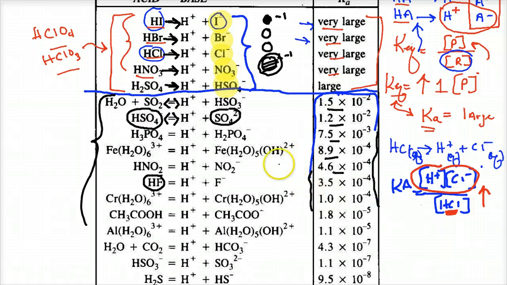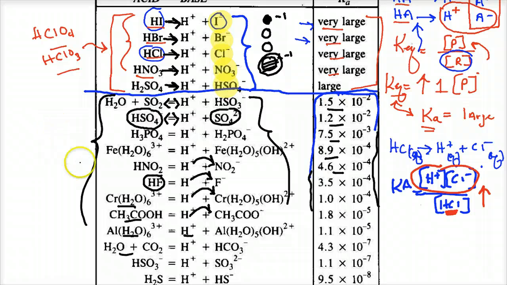as these acids get weaker and weaker in their ability to break apart into ions, the conjugate bases are getting stronger in their ability to reform the acid, to accept a proton and be a Bronsted-Lowry base. So the reason these acids are getting weaker is that the conjugate bases are getting stronger. As the acid strength decreases, the base strength increases.